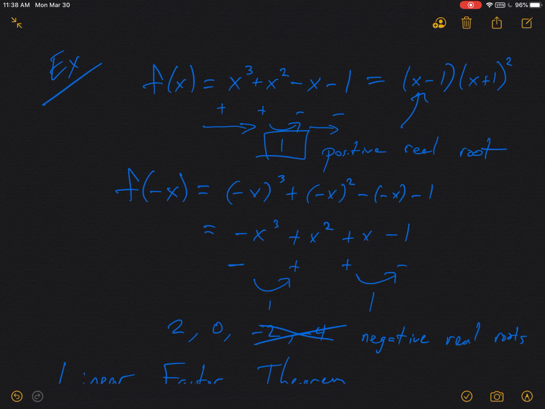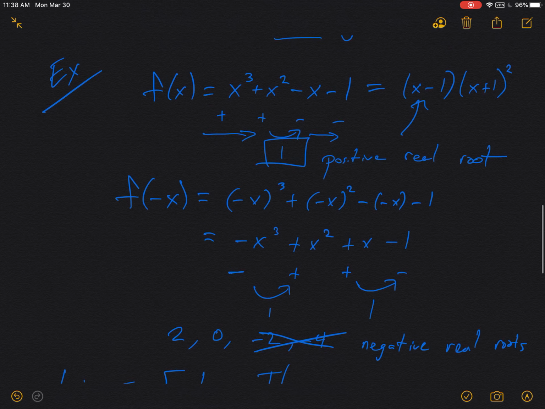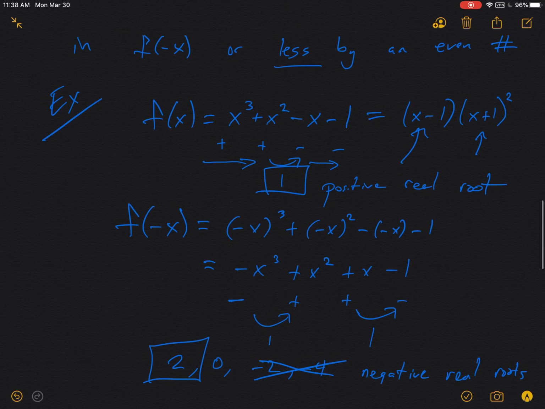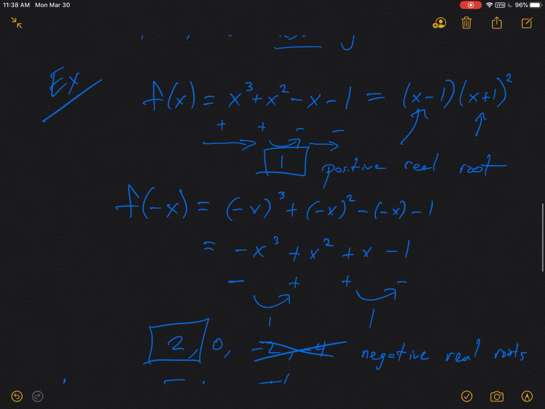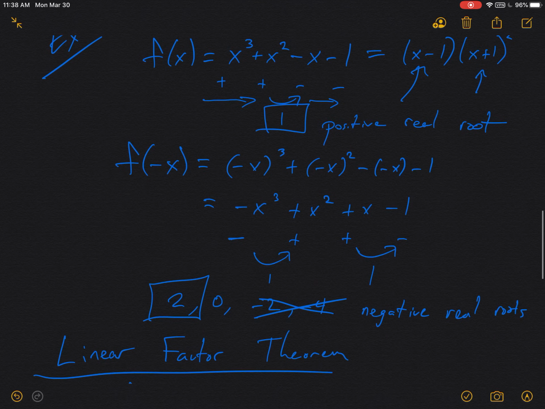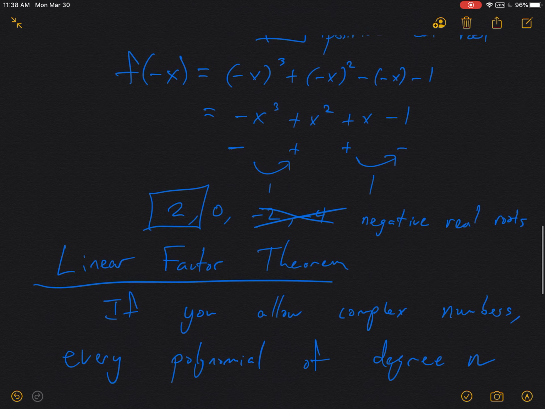So this theorem is mainly useful whenever you just want to know whether you're done finding positive real roots or done finding negative real roots. In this case, there are actually two negative real roots because we know that negative 1 is a root with multiplicity 2. So that's a way of identifying how many positive real roots or negative real roots there are.